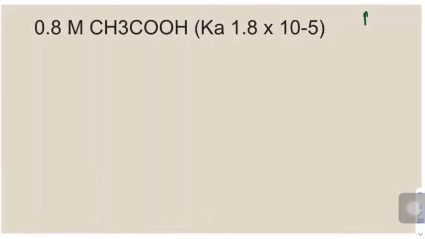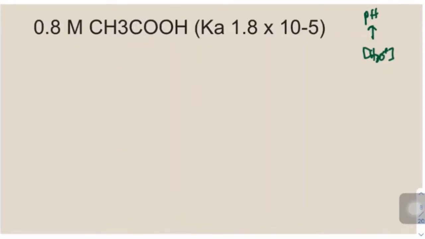We want to calculate the pH of the solution. So to calculate the pH of the solution, we have to have the concentration of the H3O plus that is liberated. So to get the concentration of the H3O plus that will be produced by the acetic acid during the dissociation, we have to construct the ICE table.